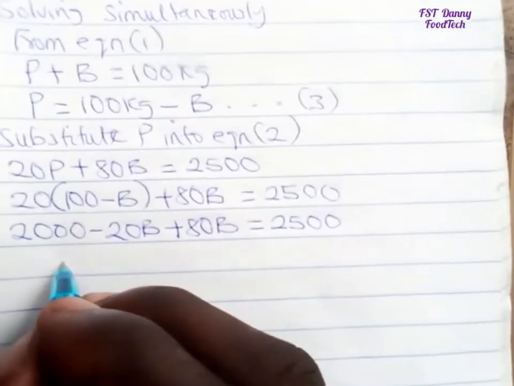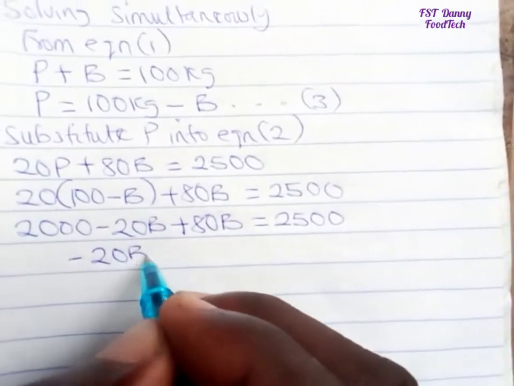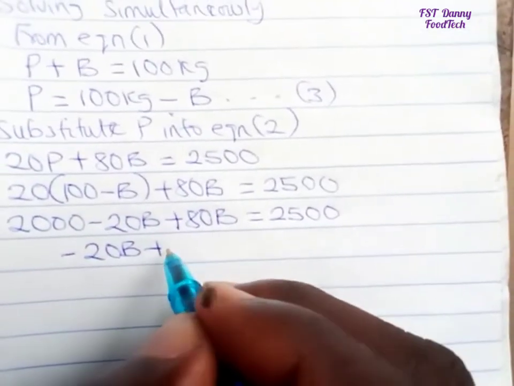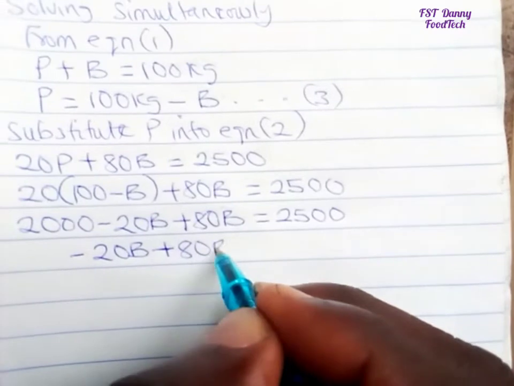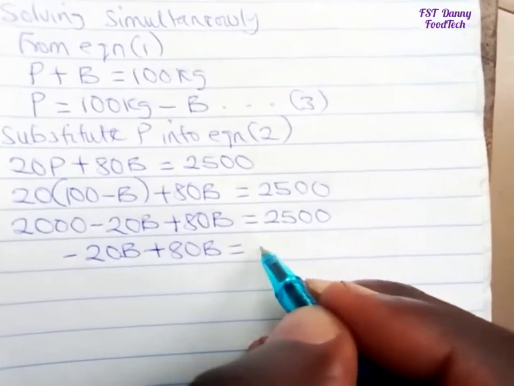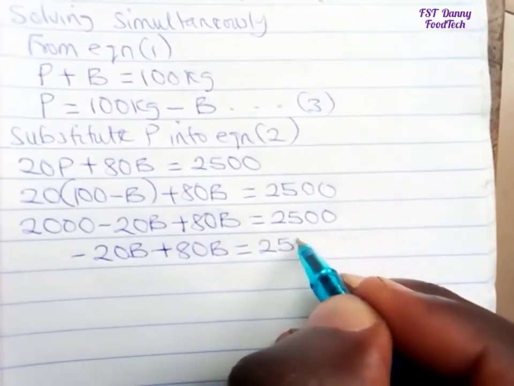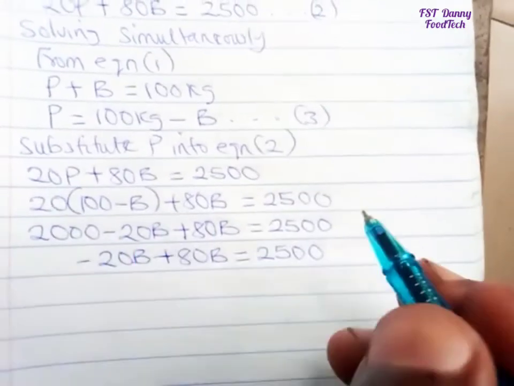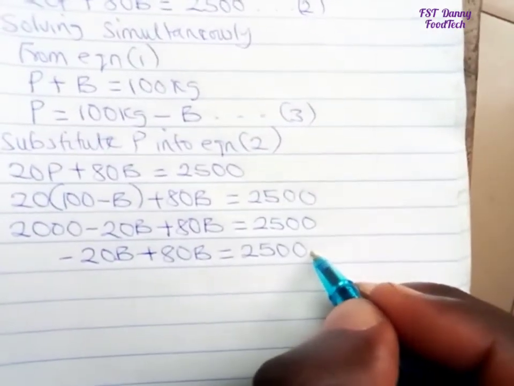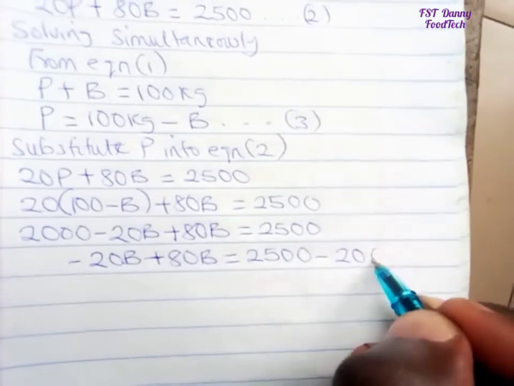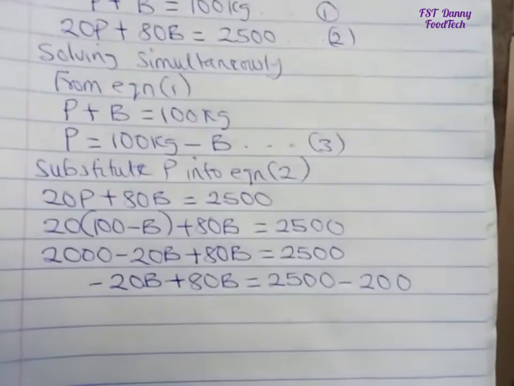Alright, so we had minus 20B plus 80B is equal to 2500. The 2000 will come over this way, so it will be minus 2000.